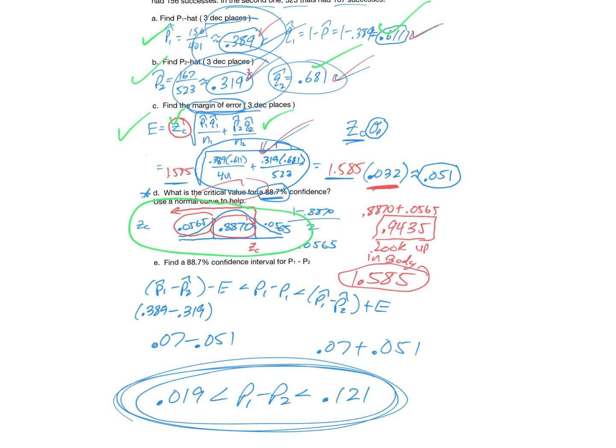And then the standard deviation gets multiplied to it. You're going to go 3 decimal places, 3 decimal places, 3 decimal places. And then your confidence interval, you're going to subtract your P1 hat and your P2 hat, and you're going to add and subtract the margin of error that you just found, leaving you a confidence interval. In this case, an 88.7% confidence interval.